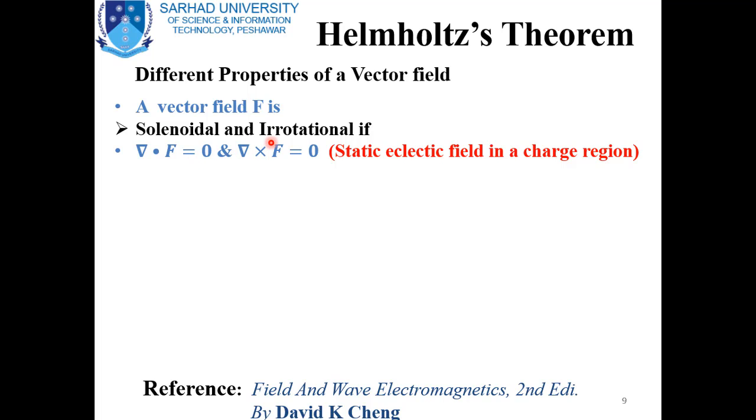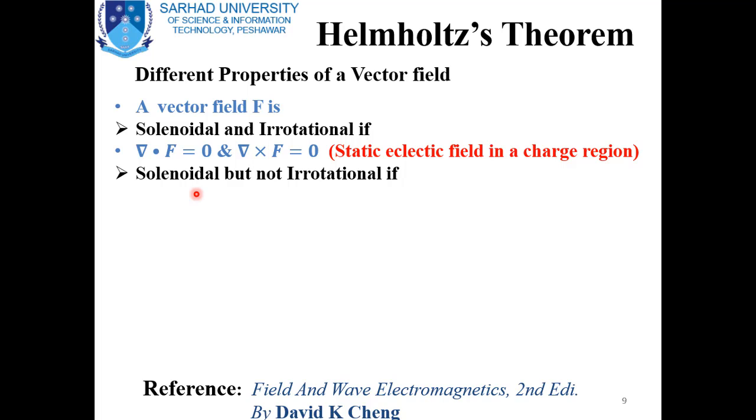And if F is an irrotational field, then the curl of the field is also equal to 0. An example of such a field which is solenoidal and irrotational is the static electric field, which is for a static charge.